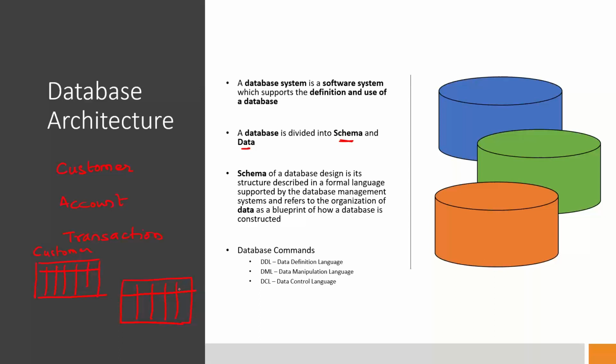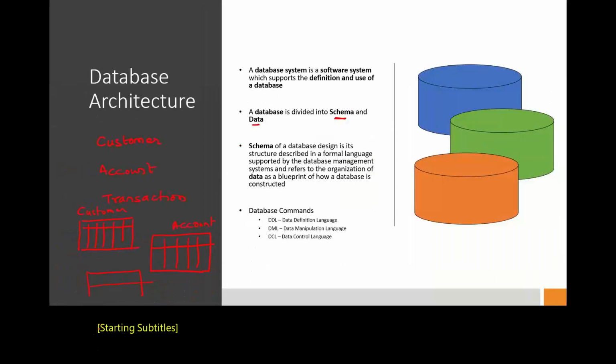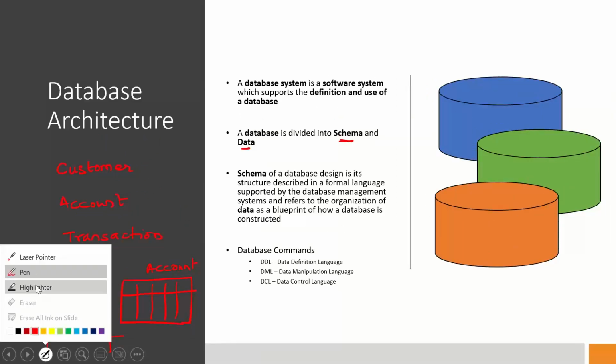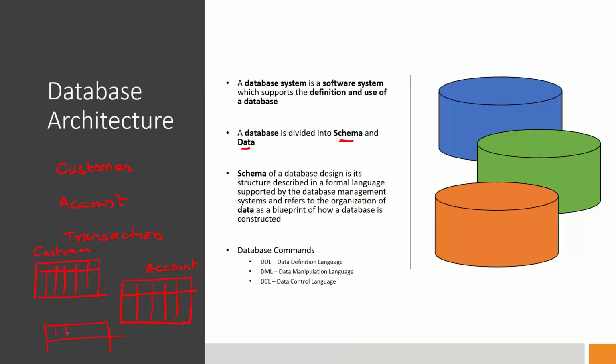You have taken a savings account from the bank, checking account or a current account, and you save that account. And as a customer, you start doing transactions, for which you create a transaction table.